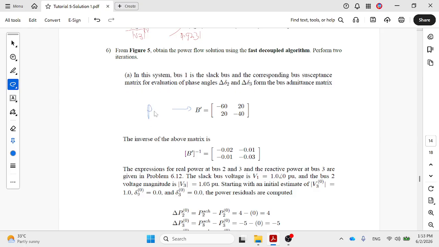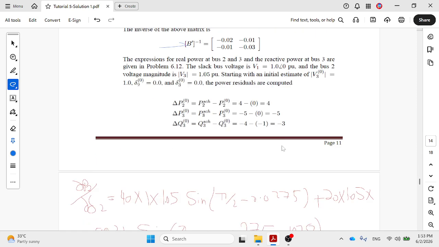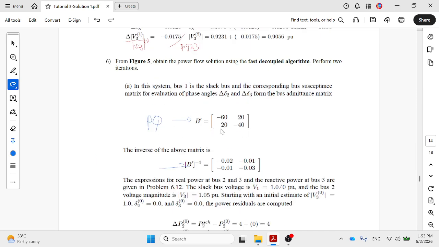If it's a PQ bus, this is still PQ. Later I will show you where the PV bus is. For the PV bus, we only use the self data. So we are trying to calculate delta 2 and delta 3, correct? You have to find the B matrix entries connected to bus 2 and bus 3.